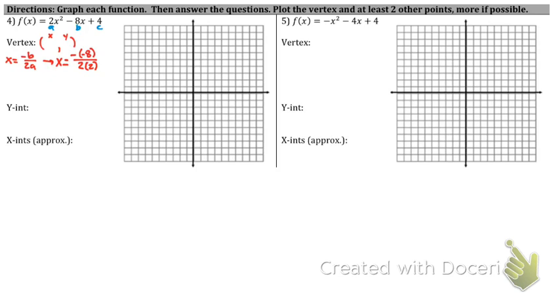All right, so if we do this math, negative times negative 8 is positive 8. 2 times 2 is 4. 8 divided by 4 gives me 2. So my x value is equal to 2. What this also gives me is my axis of symmetry. Okay. So what does that mean?